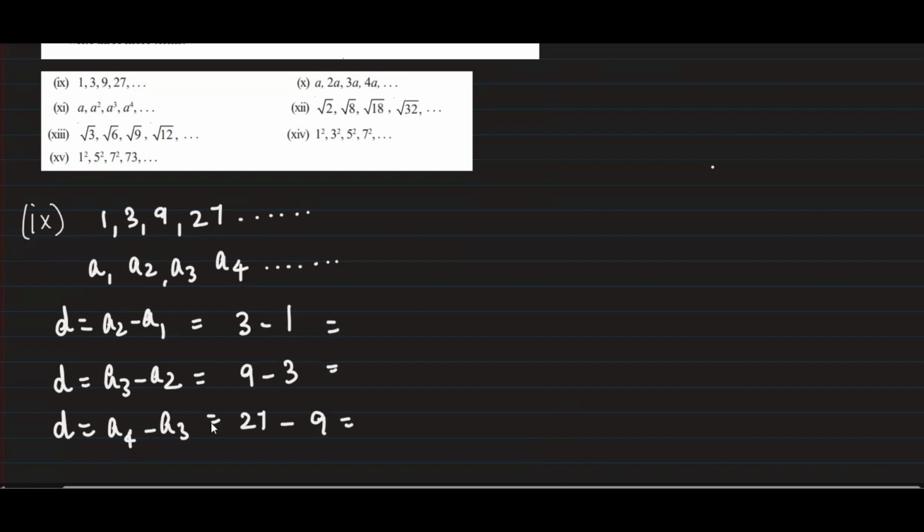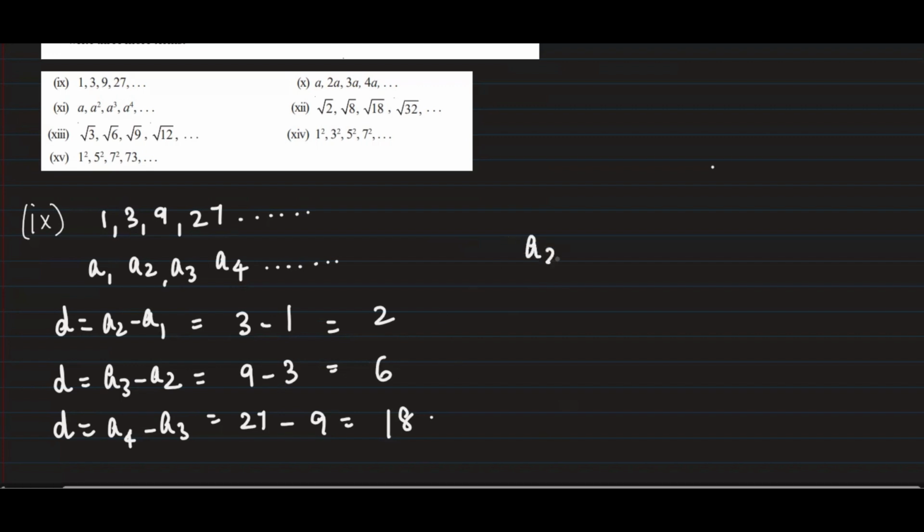So 3 minus 1 is 2. Then 9 minus 3 is 6. And 27 minus 9 will be 18, not 16. So here the D value is not the same. What should we say?